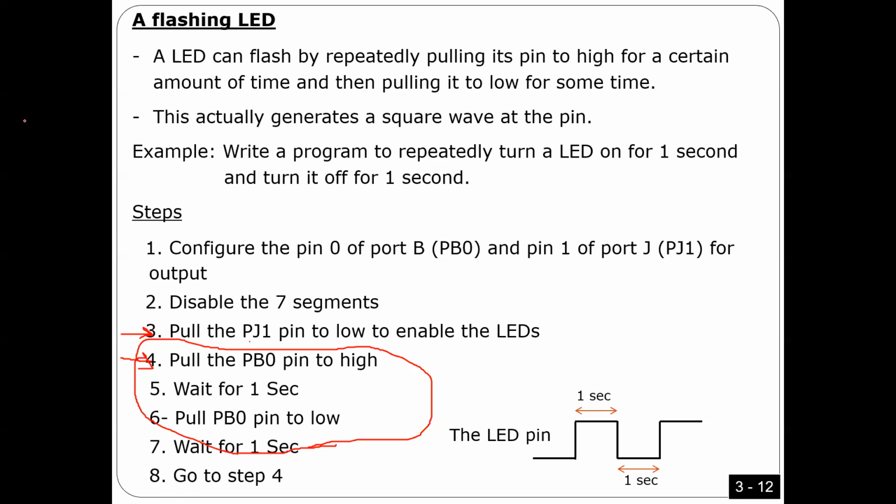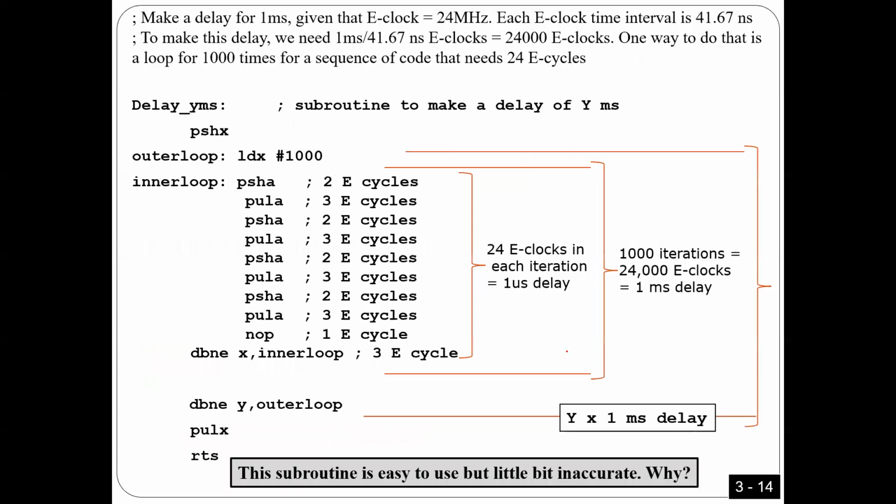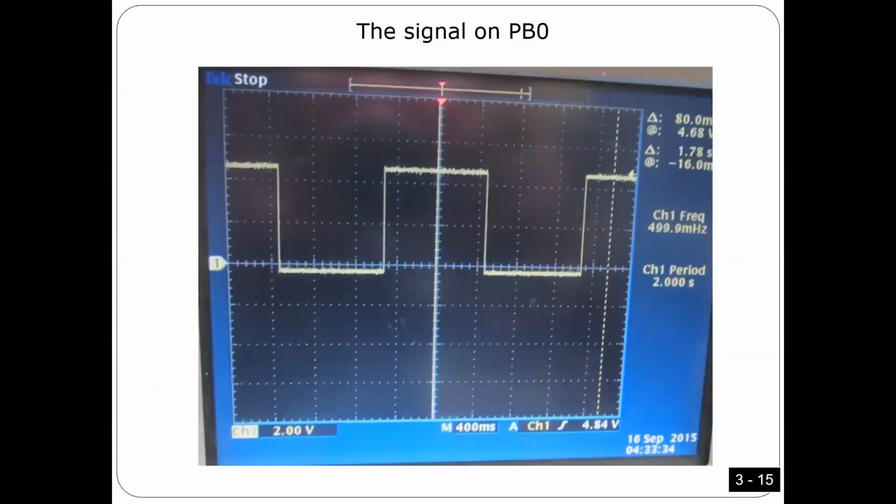Because if you connect this pin to the scope, you will see something like that. Once it's high, 5 volt for 1 second, 0 volt for 1 second. I have a picture here. I connected this pin to the scope, and I saw something like that. Look here, guys. This is 1 second, 1 second, 1 second, 1 second, and so on.